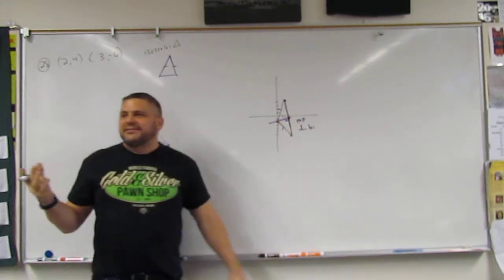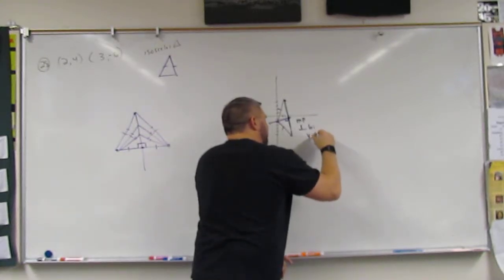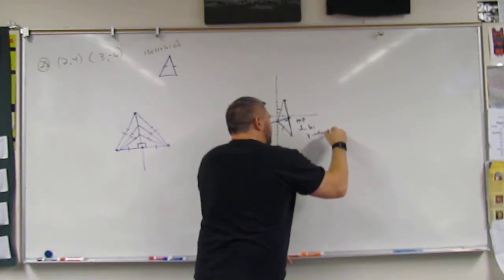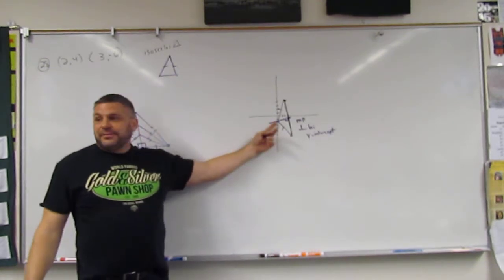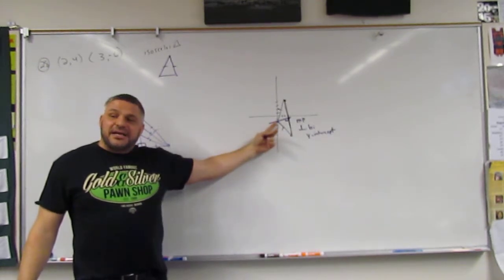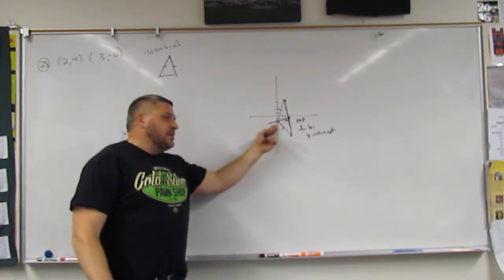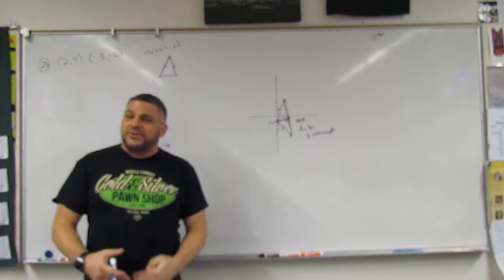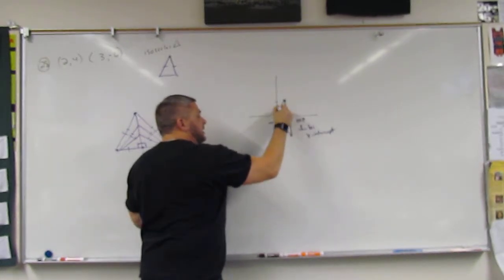The y-intercept, that's not that hard, right? And once I know the y-intercept, I know the point that's going to create what's called an isosceles triangle, where this side and this side are the same.